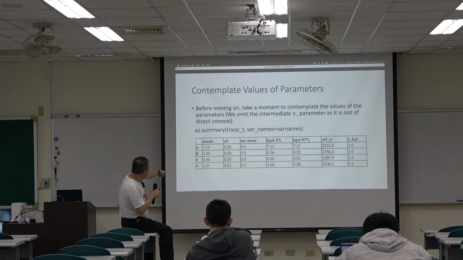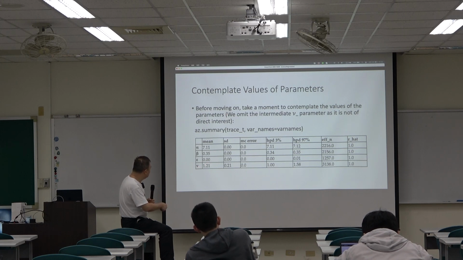The only thing we didn't show is the V underscore, the one that we use to shift the V. But that one is not of direct interest anyway, so just want you to be aware.